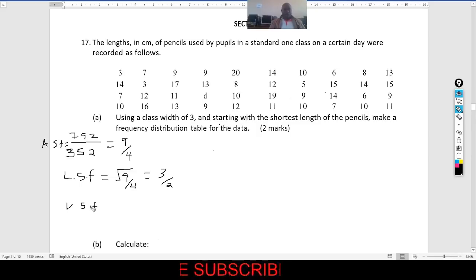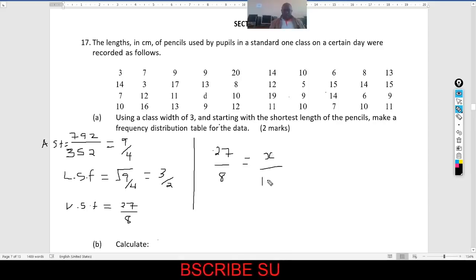So for the volume scale factor, we cube the linear scale factor. 3 cubed you get 27, 2 cubed you get 8, and therefore I relate and say 27 over 8 equals the mass of the larger solid, which we don't know and that's what we are looking for, x, over the mass of the smaller, which is 1408.